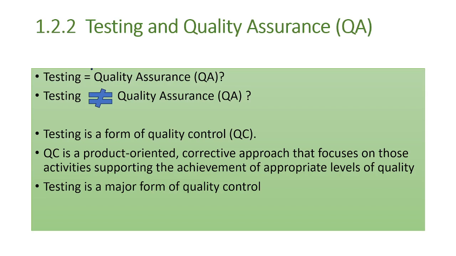Testing can be taken as a sub part of quality control, but it can also be said that quality control is more or less similar to testing, because testing is a major form of quality control.